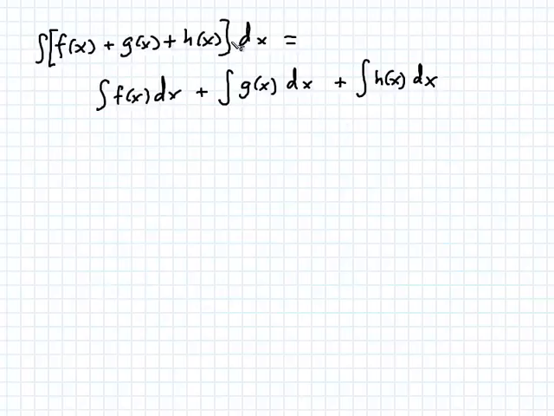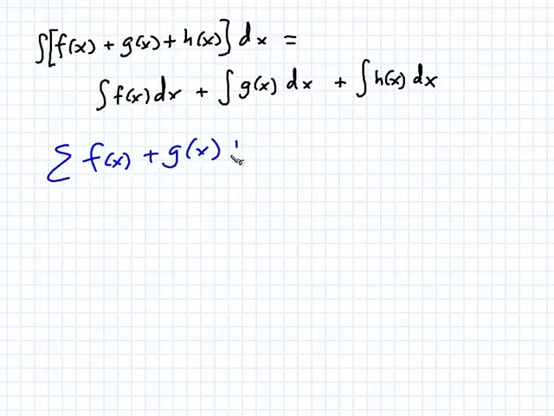Let's do the same thing for this notation. Notice that if I have an integral that involves a sum of several terms, I can break it up term by term, because I could do the same thing if these were sums. The sum of f of x plus g of x plus h of x, for instance.